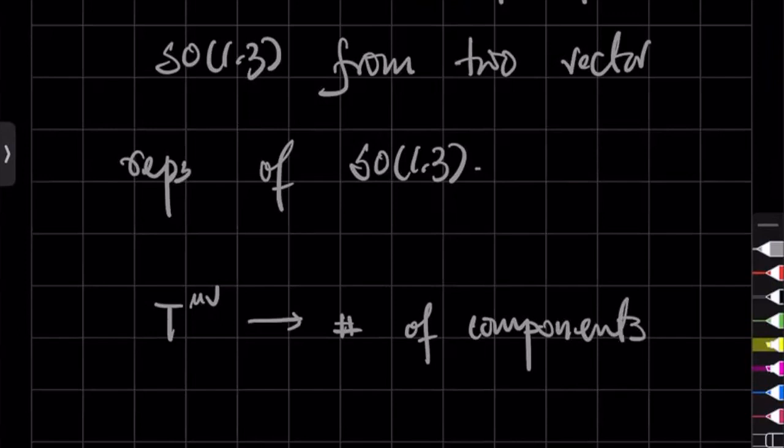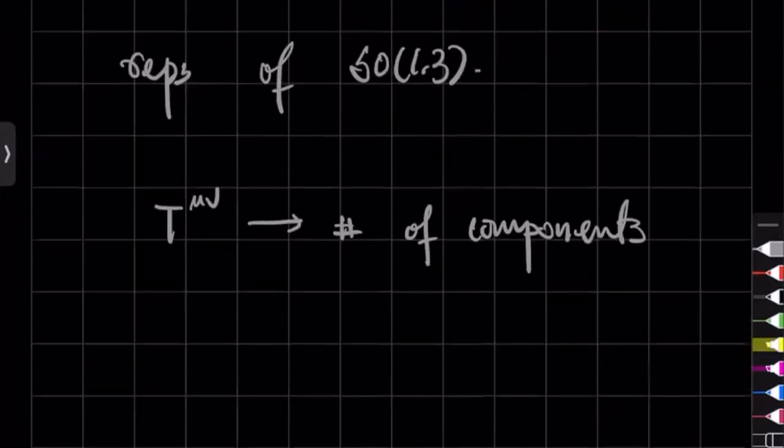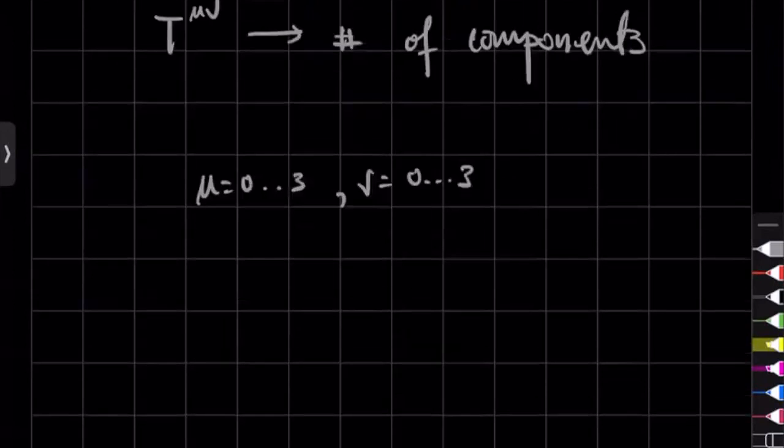How many values does mu take? Who said 16? Saif. Yeah, 16. Because mu takes the values 0, 1, 2, 3. Nu takes the values 0, 1, 2, 3. Okay, so what we can do is organize this mu nu into different groups.